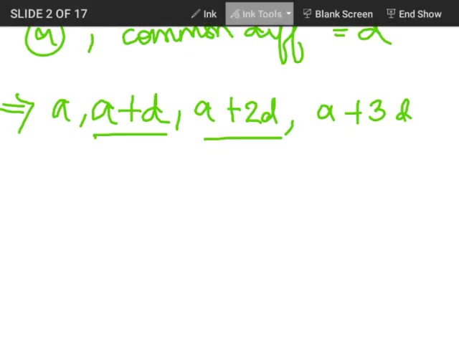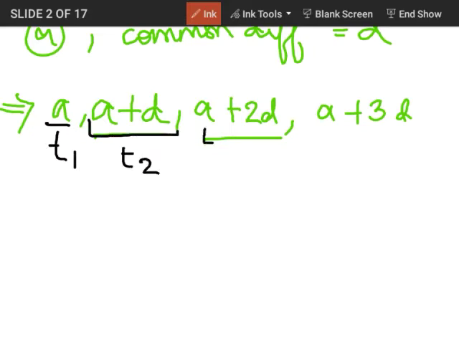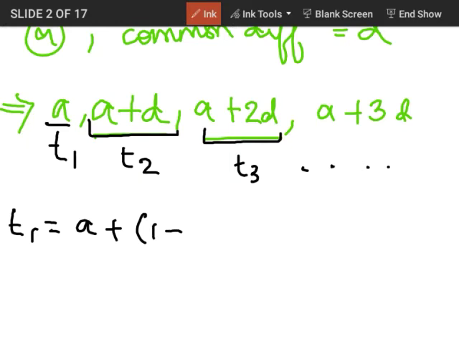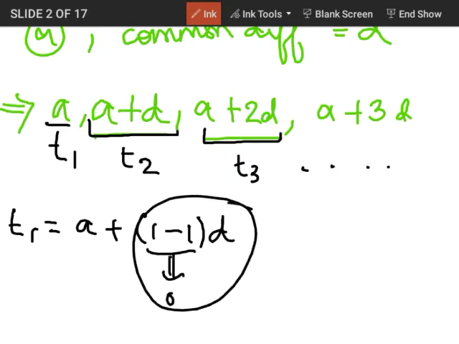So if I state this as t1, and the second term I call t2, the third term t3, like this and that. So see, can I write t1 as a plus (1 minus 1) into d, because this will ultimately be 0 and this whole term will be 0, so it will be left with a.